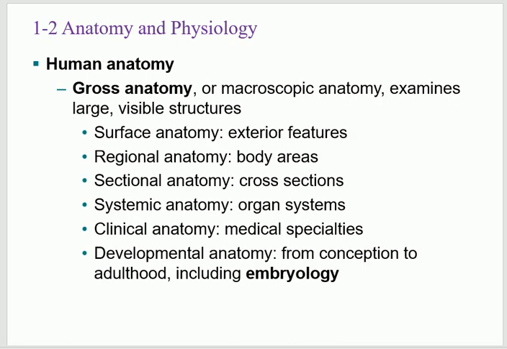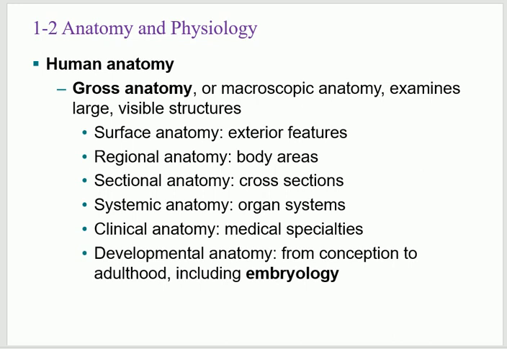Human anatomy specifically, there are different types. Gross anatomy is the one that we're doing, or the one that's macro. Macro means large. Macroscopic anatomy is the visible structures. We're not going to see something under the microscope. That will be histology. We're doing something that we can actually see, like what we do in the lab.